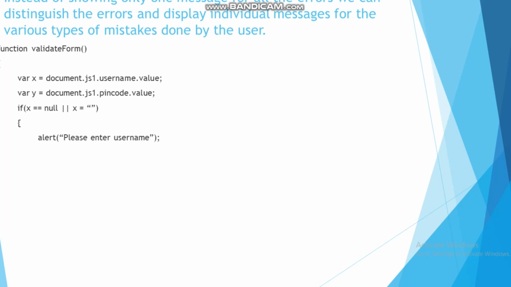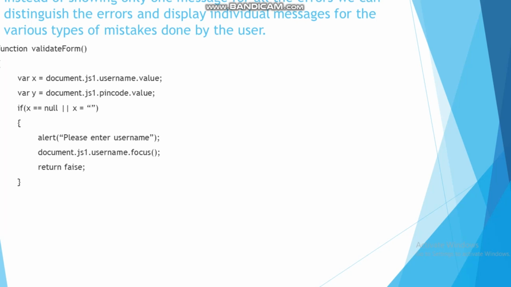So here you can see, if nothing is typed inside the username text box, the condition returns true, then it will display this message. Then the focus function is there, and then return false. It means it will not submit the form. So this is for the username text box.